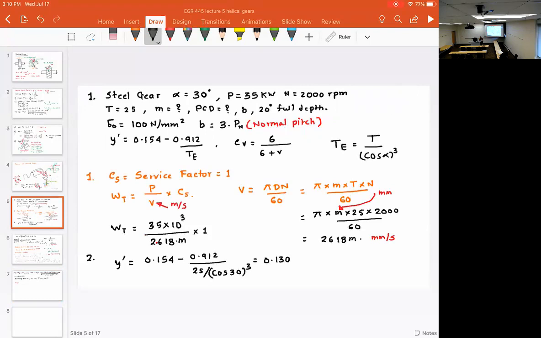So what do you get? So that WT is 2000. So 2.2 kilonewton.